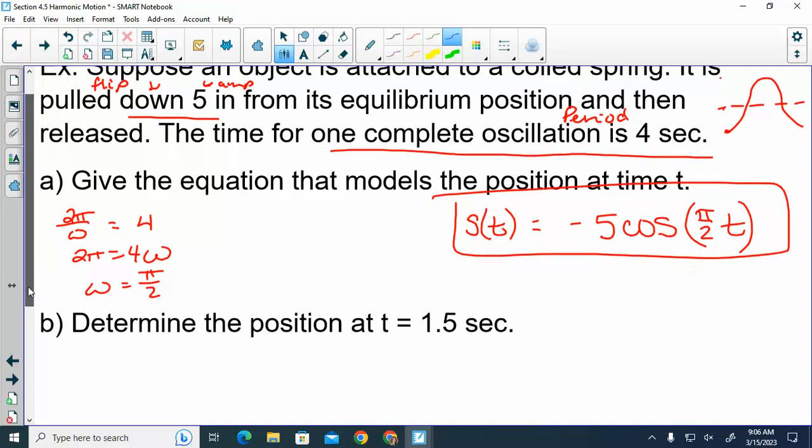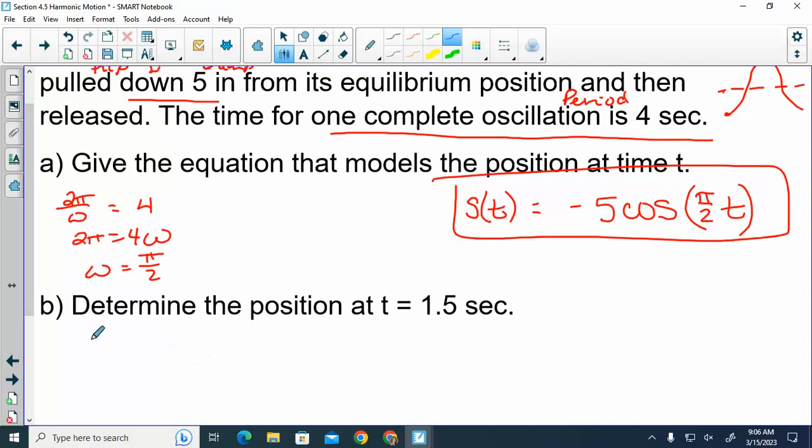Determine the position at 1.5 seconds. So I am just asking you to plug this in. And let's just use a calculator to get our approximation. We need to make sure we're in radian mode because the pi is definitely radians.